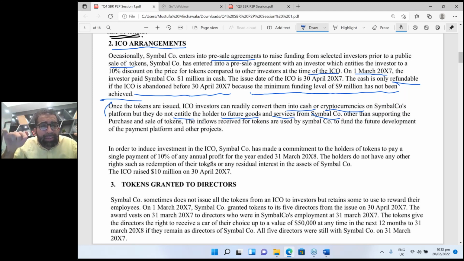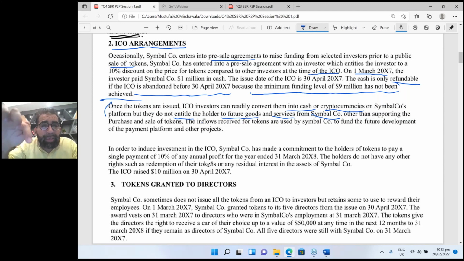See the word: they do not entitle the holder to future goods or services from symbol company. There is no obligation on symbol company.